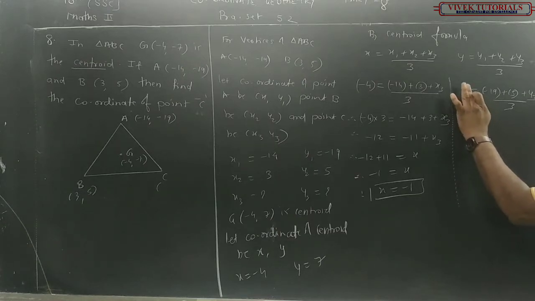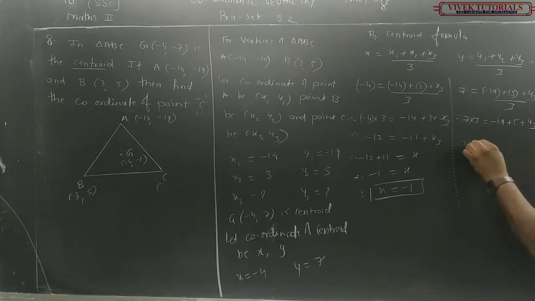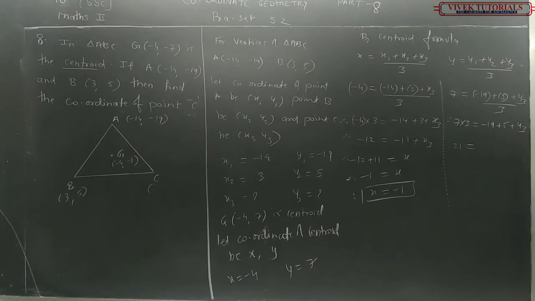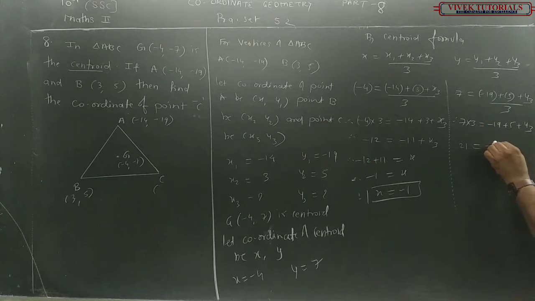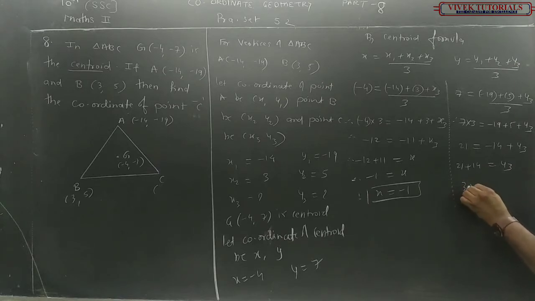Therefore, the value of y we know is -7. So -7 into 3 is equal to -19 plus 5 plus y3. So -21 is equal to -14 plus y3. So we are getting the answer: -21 plus 14 is equal to y3, so -7 is equal to y3.